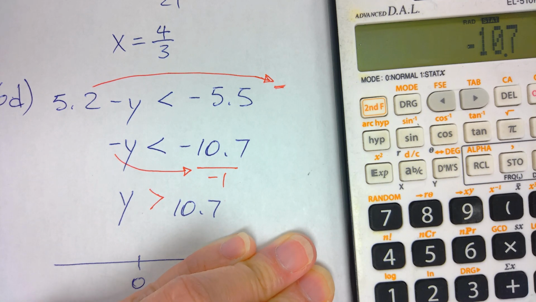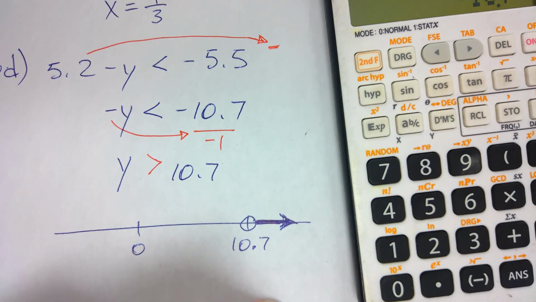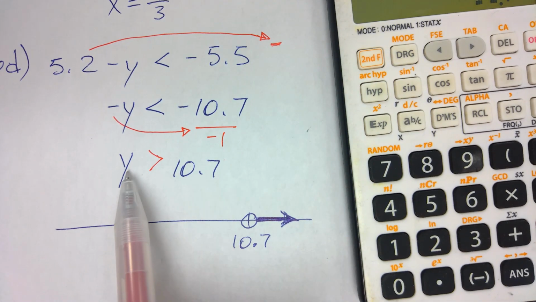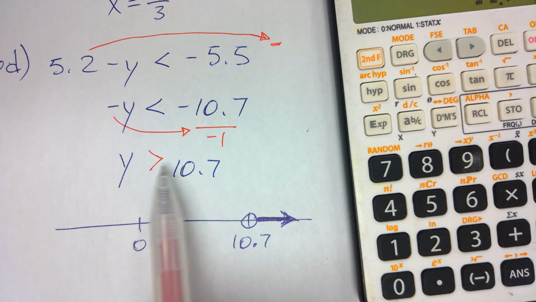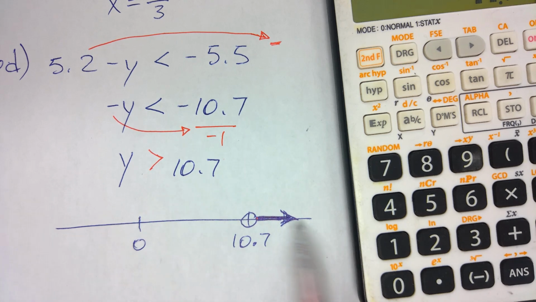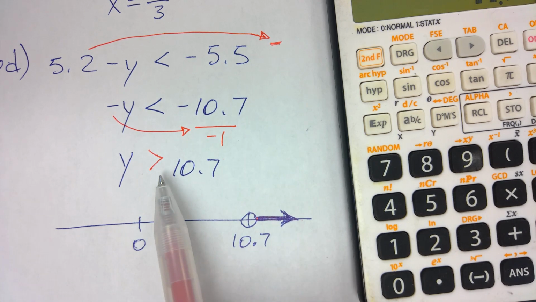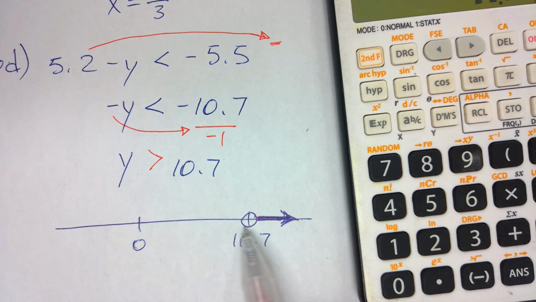Who says point to the right? I see nodding, but I want to see that hand. Good. Because when you read this out loud, you're saying y is greater than 10.7, so you know it's to the right. It's only greater, not equal to, so it's a hollow circle.